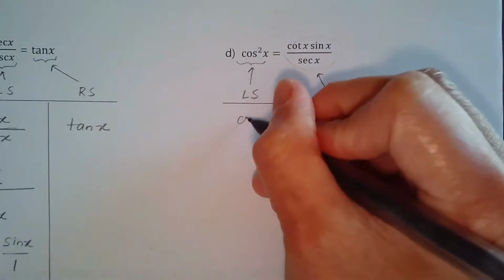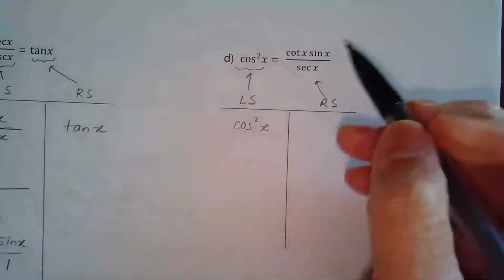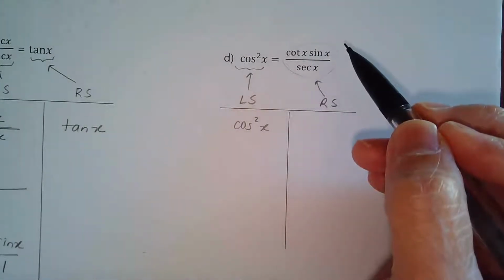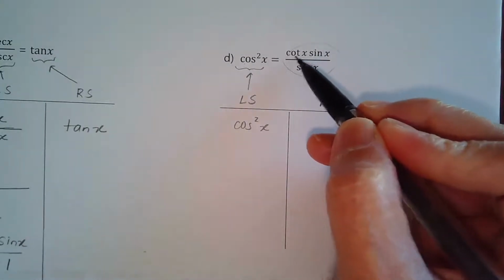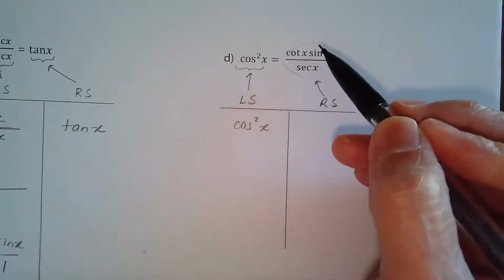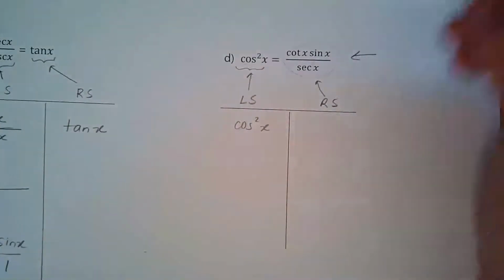So the left side is just cos squared of x. So just leave it like that. And then here, what can I do? What do I know about cotangent of x? Well, actually I'm going to give a hint.